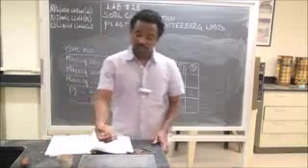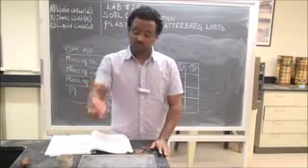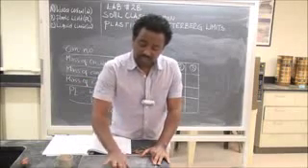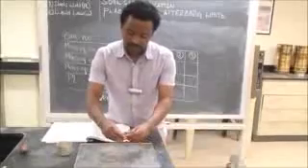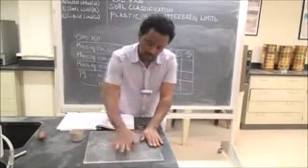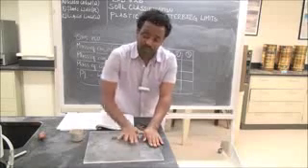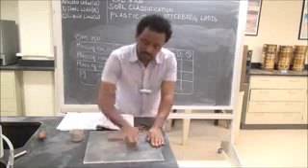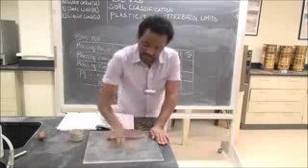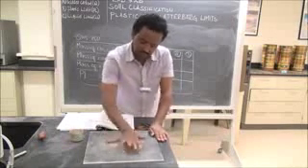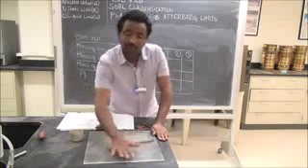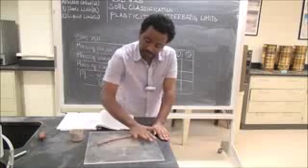So what you do is, once you have this, you start rolling it on the glass plate, like this. So you keep on forming a uniform thread. It will get long and long and long.